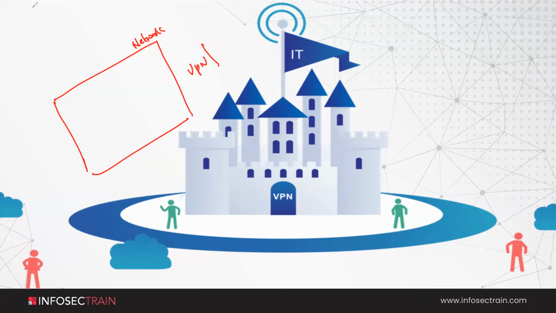So it's what we call the castle and moat model. To enter this castle, you have a lot of security. You may have firewalls, access control lists, a VPN, and many other security mechanisms. And once you enter the castle, you can access anything or anywhere, because the security is over.